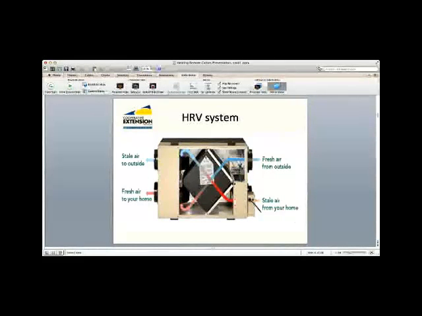And within that box that looks like a diamond, the fresh air crosses over with stale used moist air in your home, and it transfers in that box both moisture and heat so that the outgoing air is cooler and you can take some of the staleness out, and the incoming air, even though it comes in dry and cold, can hold some of that moisture and keep the heat, so to speak.